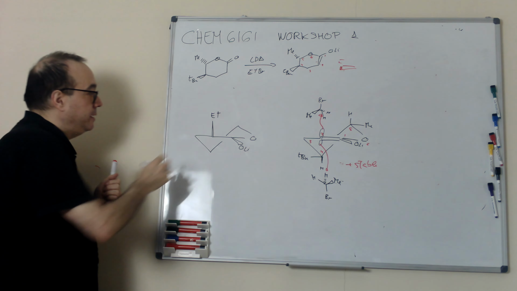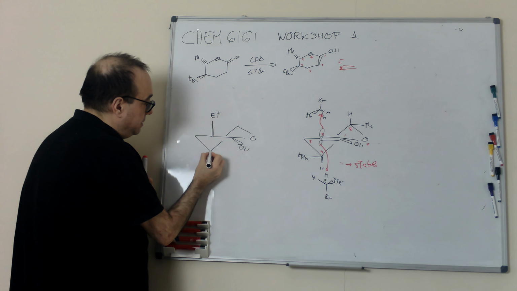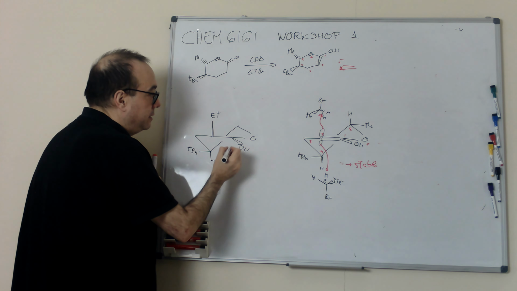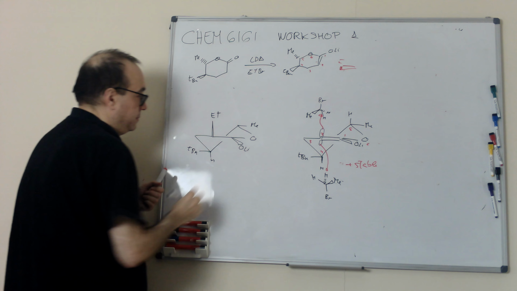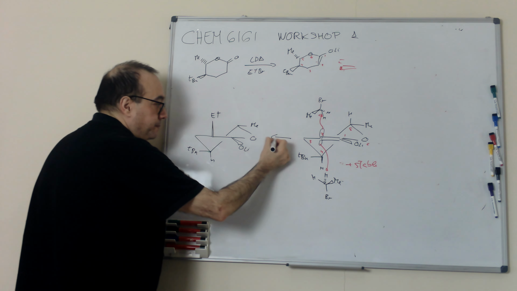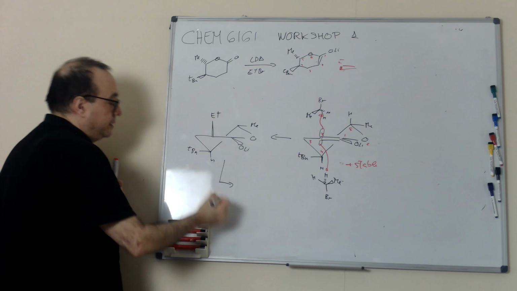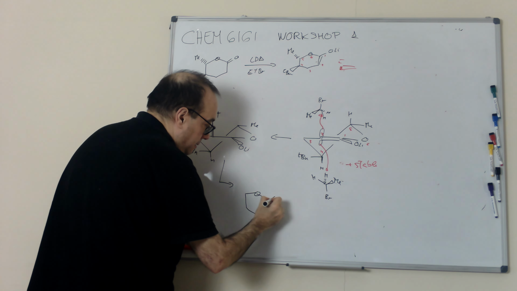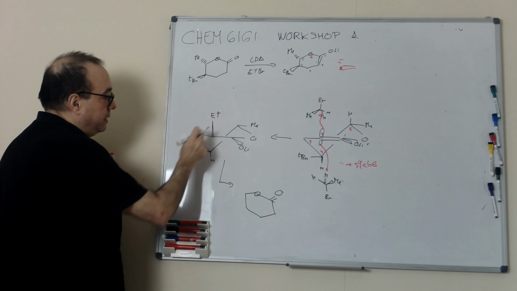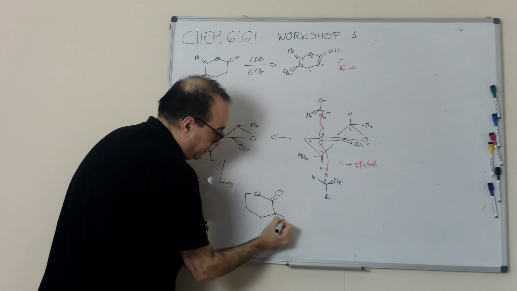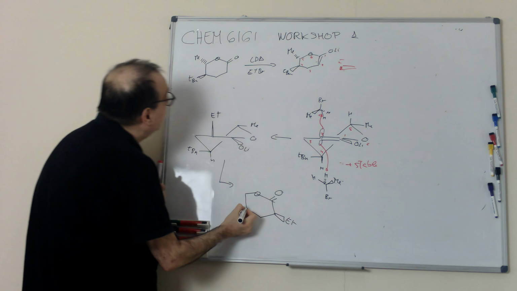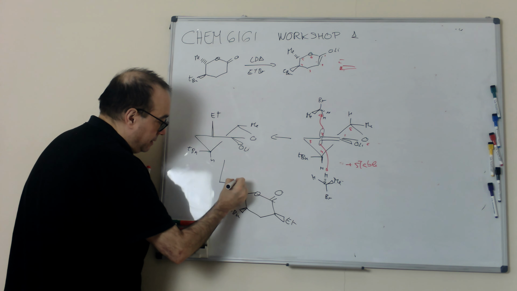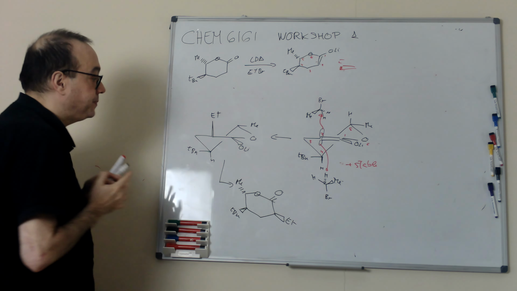Basically, what I will have is this substituent, tert-butyl here, hydrogen, and methyl here. Okay? If I transform this into the normal drawing, what I have is ethyl up, tert-butyl up, methyl down.